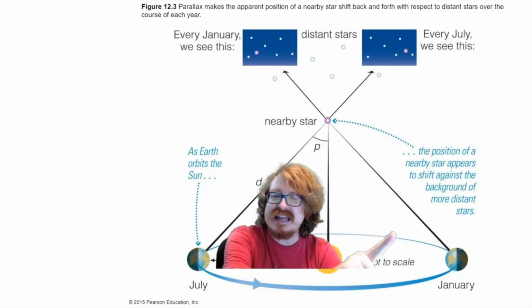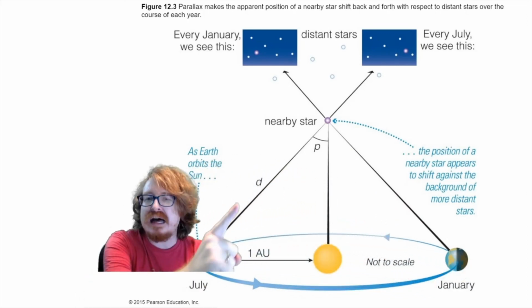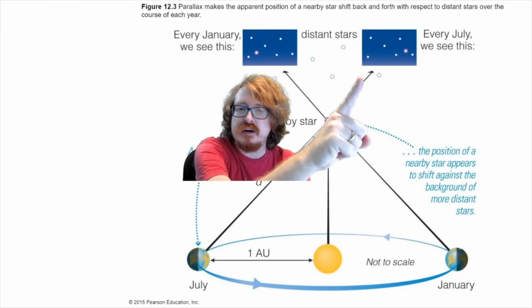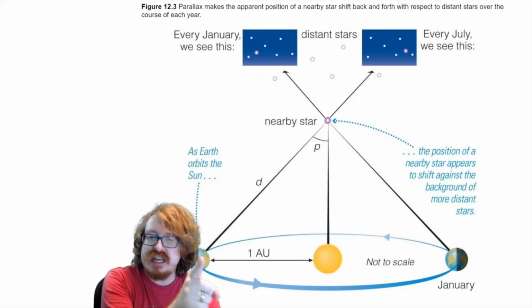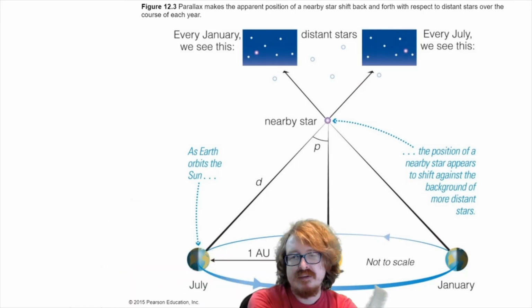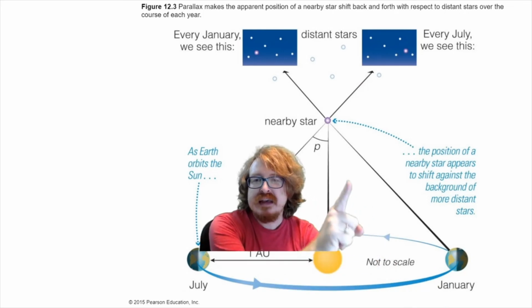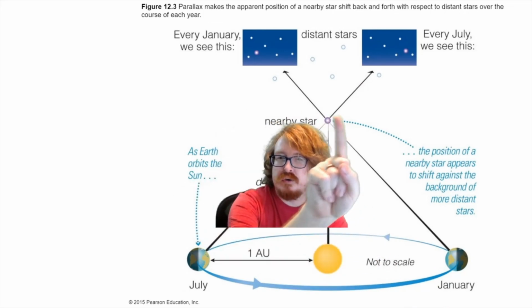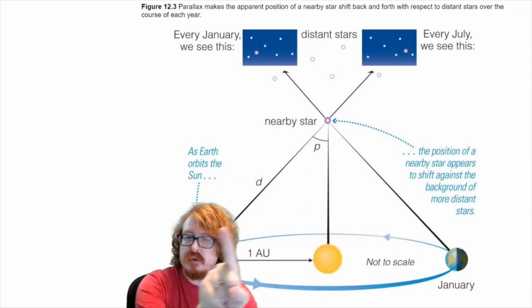And if we wait half a year till July to look at the same star, it will look like it had moved over because we're viewing it from way over here now, okay? So in this picture, this would be like your left eye, this would be your right eye, and this would be like your finger in our little experiment. It's looking like it goes left and right as we move around the sun.